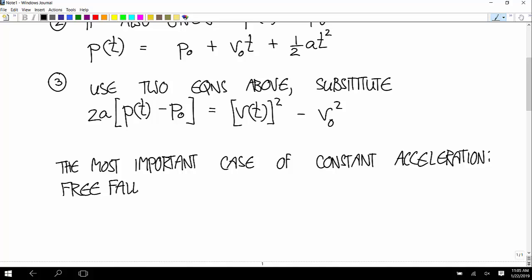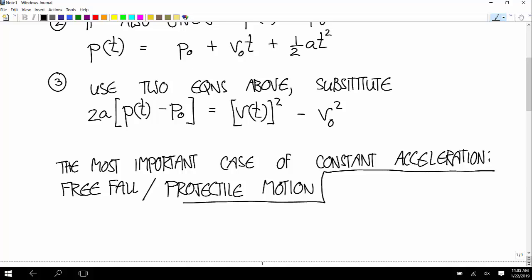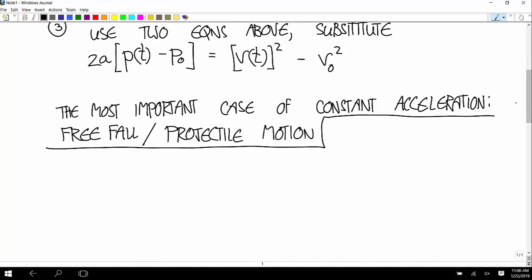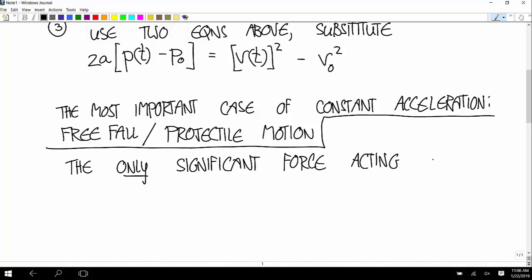I'm not talking about something necessarily just falling straight down. What does free fall or projectile motion mean? It means that the only significant force acting on the object is gravity.